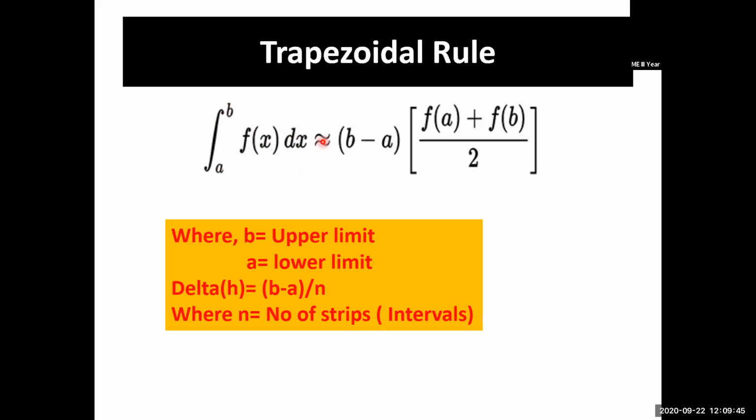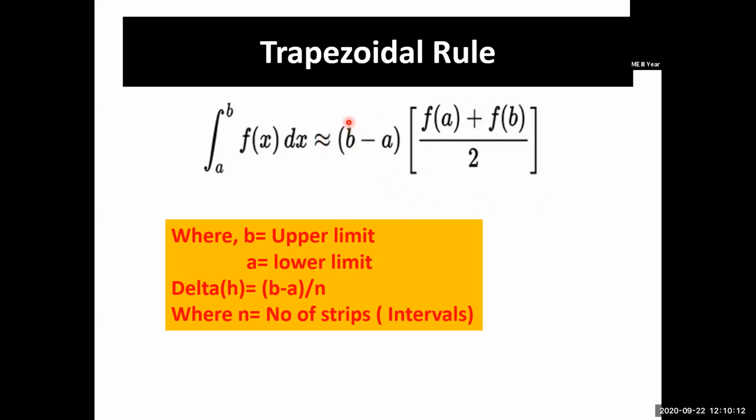Generally in 11th or 12th class, you learned the integration of any function without using any particular method, just integrating the function and putting in the lower and upper limits to get the result. But here some rules are there. In the trapezoidal rule, this formula will be there.